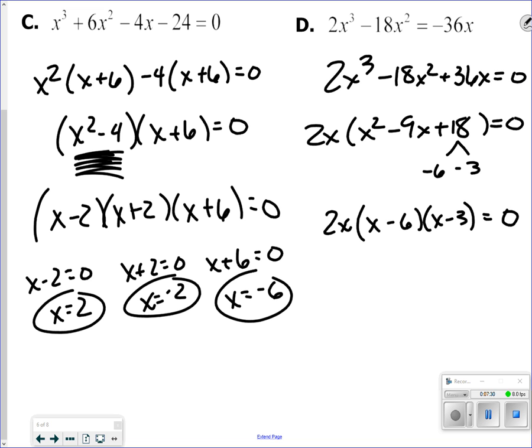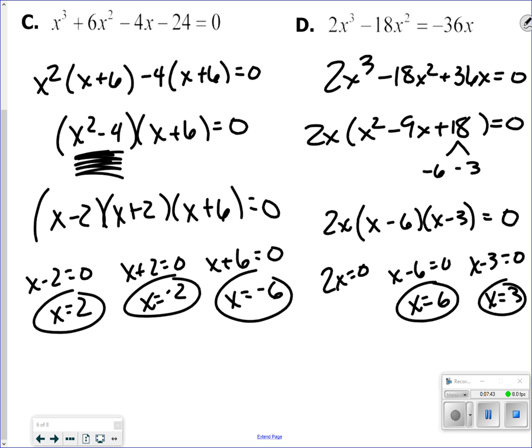So there is the factored completely part. Now for the solve part. Set each of the factors equal to 0 and solve. So I set 2x equal to 0 and solve it, x minus 6 equals 0 and solve that, and x minus 3 equaling 0 and solve that one.